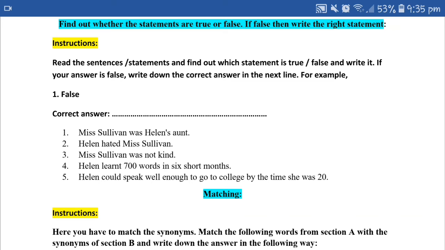Here I gave an example, right? 1 false, and that's why in the next line I wrote correct answer, and in this blank I'll write my answer. I hope you got it.